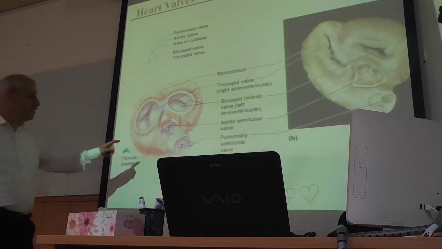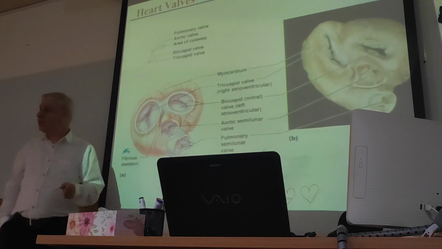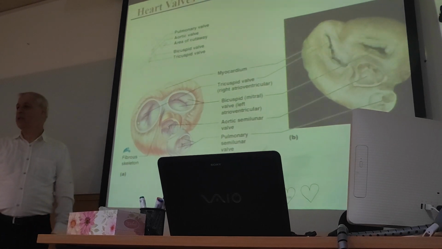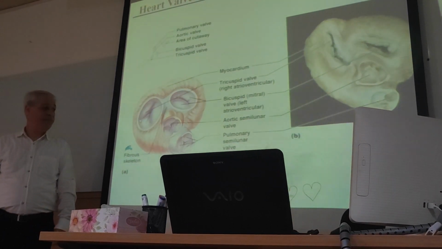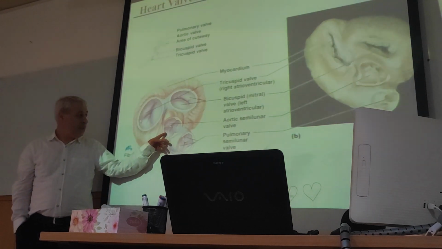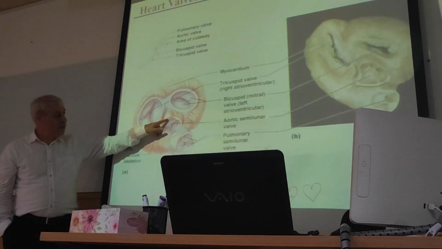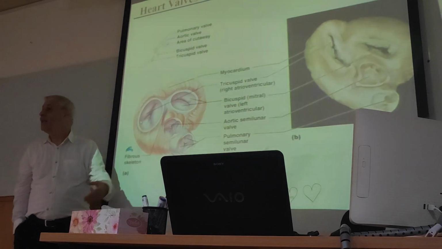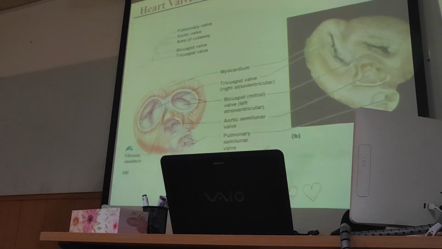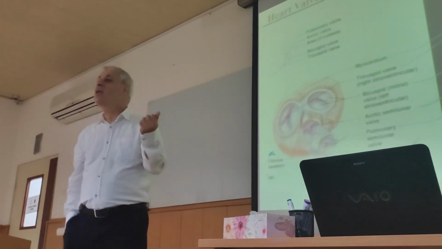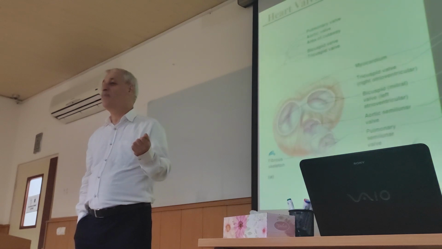Semilunar valves, as you can see, the pulmonary and aortic valves also have three leaflets or cusps. See, this is a misnomer. At the base of the aortic valve, there is a bulging area which is called the coronary sinus. The arteries that nourish the heart itself originate from that coronary sinus.